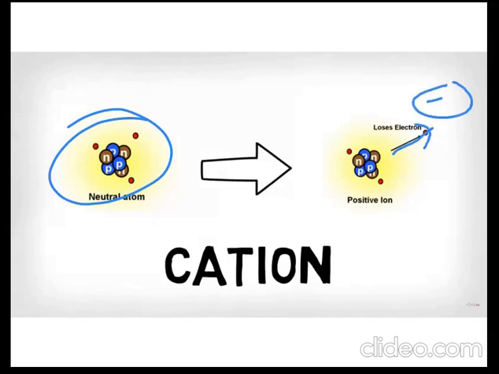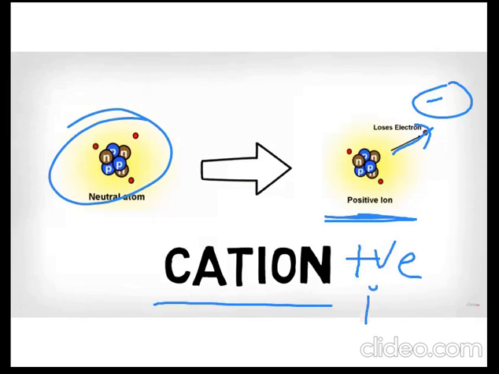Electron means negative charge has left. So now it remains positive, because it has lost one negative, right? So it becomes a positive ion, and this positive ion has a name, and its name is cation. So cations are your positive ions, which are formed by losing electrons. It may be one electron or more than one electron, right beta?